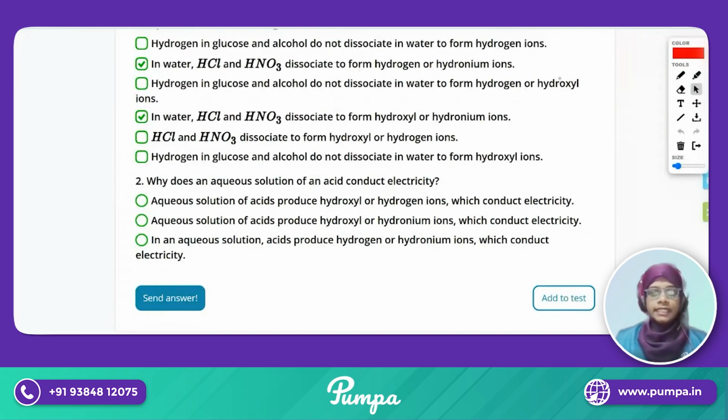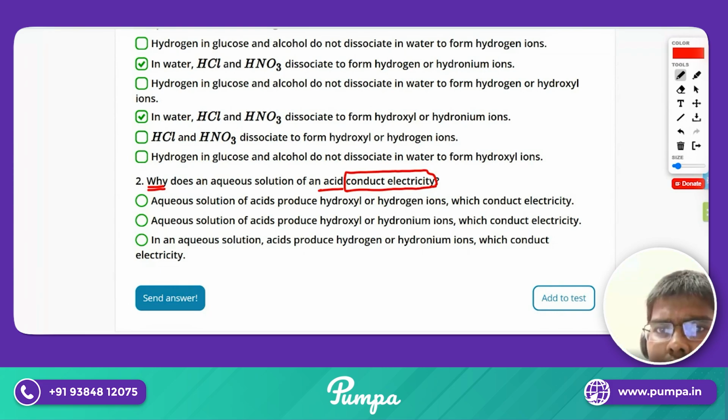No issues. The next question is, why does an aqueous solution of an acid conduct electricity? They are asking about electrical conductivity. What could be the reason to conduct electricity?